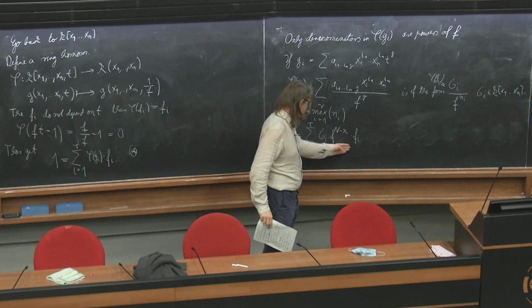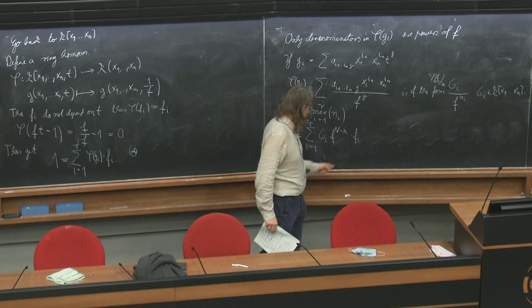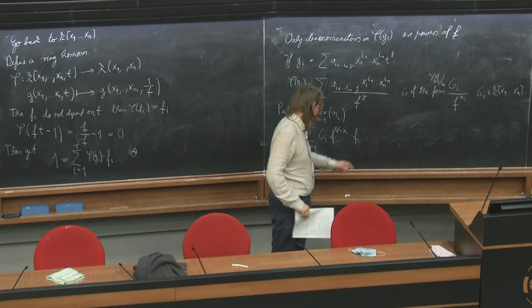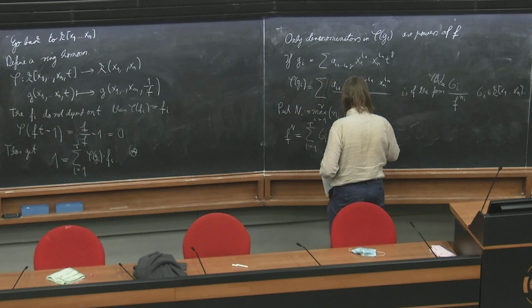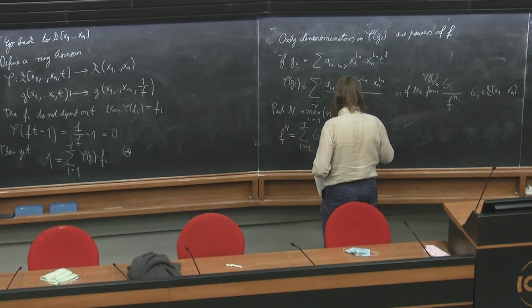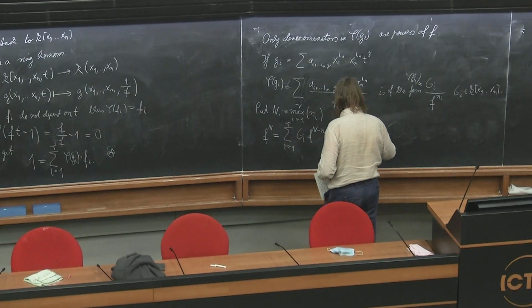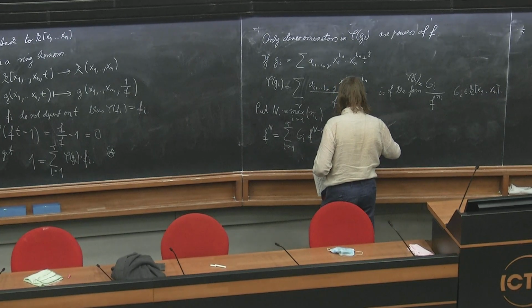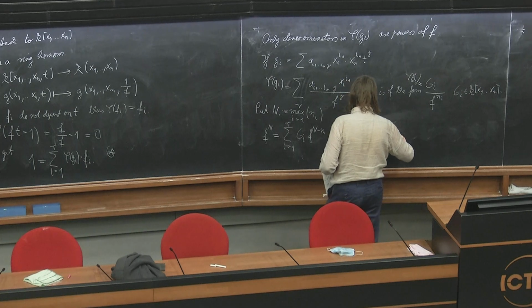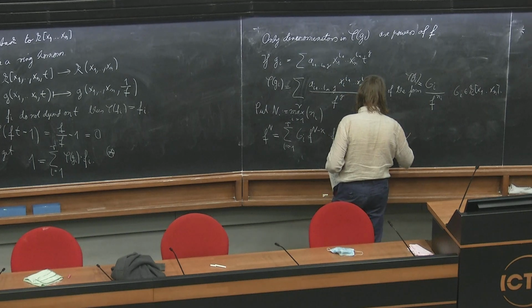So these are all polynomials now in k[x1 to xn], and they are all multiples of f_i. So this is an element in the ideal generated by f1 to fr, which was our given ideal I.